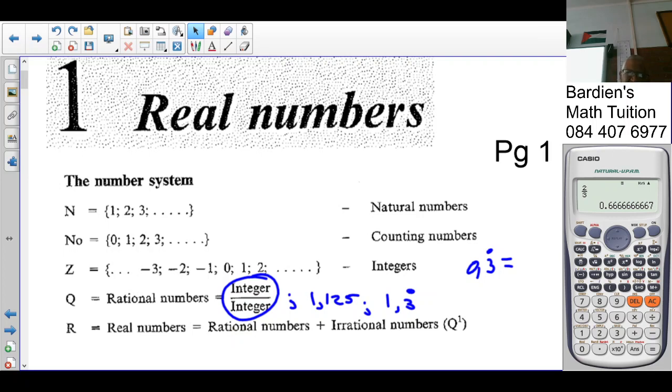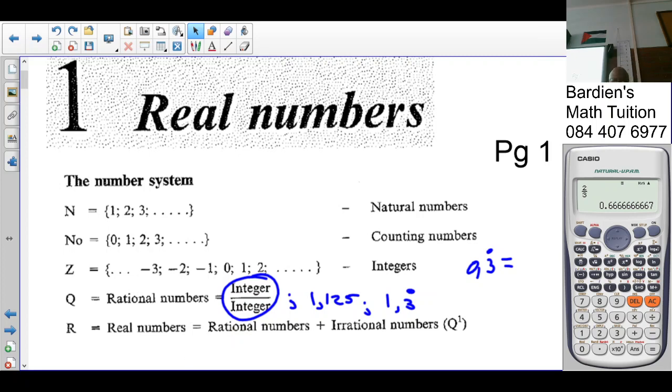Rational numbers are all integers. Now we take you one back here. Integers, you see here? They say all integers are rational numbers. But if you look at number 2, is number 2 a fraction? No. So why do they say that 2 is a rational number? It can be written as 2 over 1, which is a fraction. Not so?